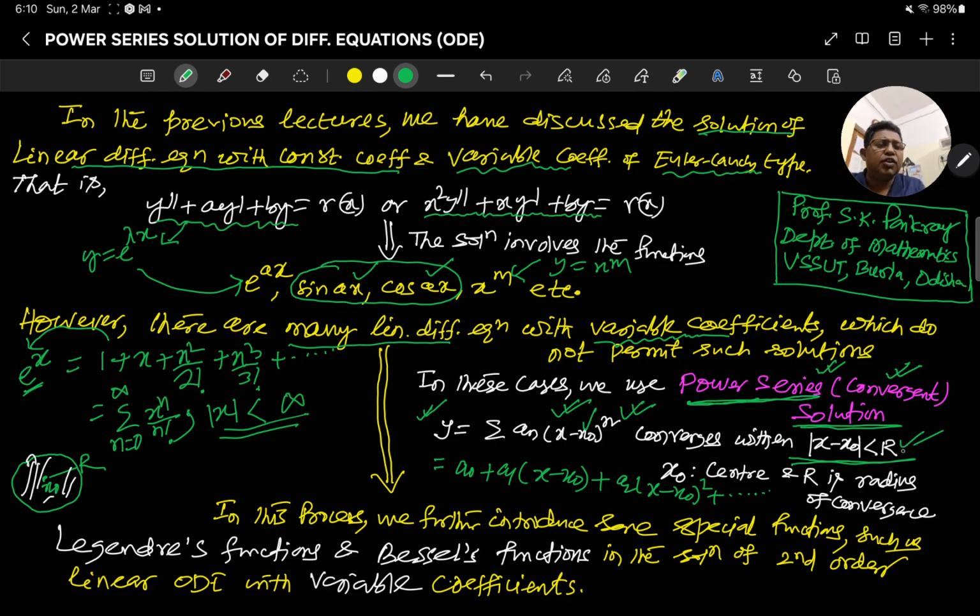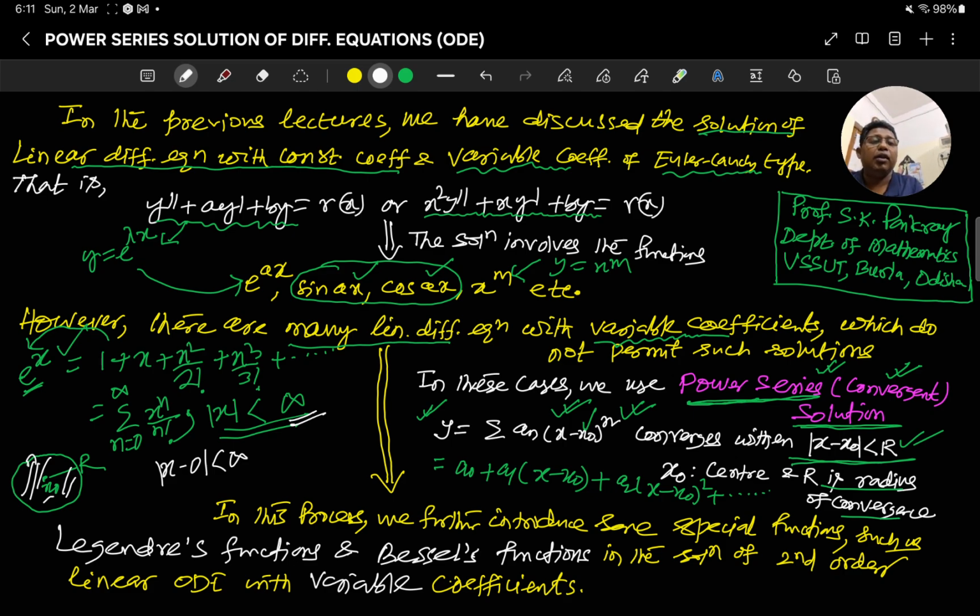This r is called the radius of convergence and x0 is the center. In e to the power x we see that mod x minus 0 is less than infinity, means the center is 0 and the radius is infinite, means there is no restriction on x here. These are the issues for further analysis, but we simply talk about the solution here.